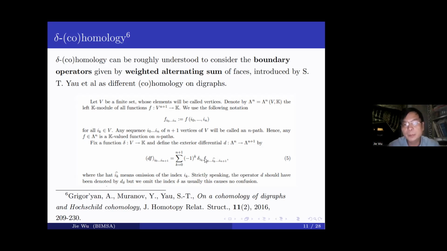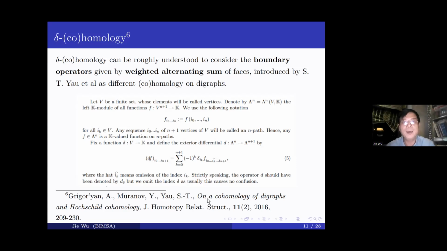Now, assuming there's some weight, if you take a weighted sum, so you remove a vertex, then you add the weight there, it turns out it still makes a chain complex. So at least mathematically it works, and this gives the so-called delta homology, already published.